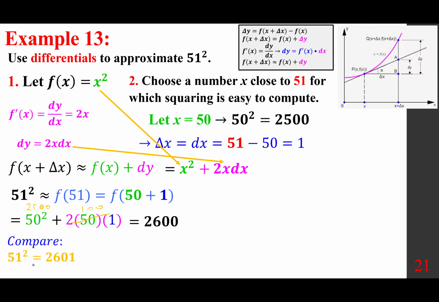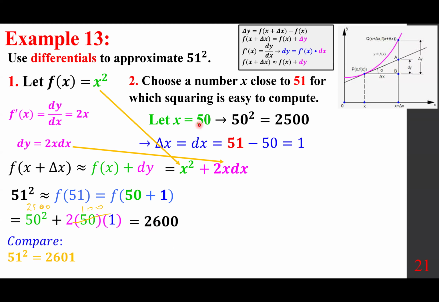And as mentioned, the exact answer is 2,601. As you can see, they're extremely close. The reason why, because delta x is very small compared to the choice of x. And that's how it works. If it's small compared to that, the approximation is very good.